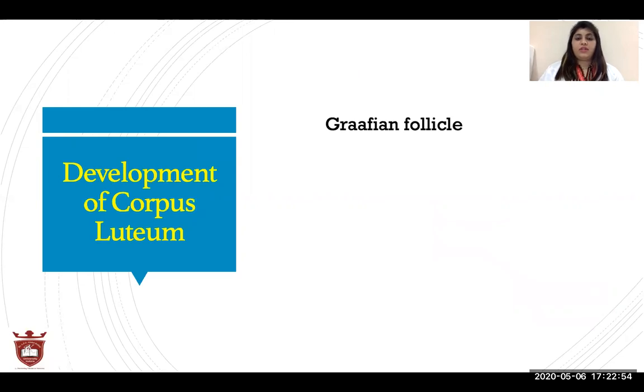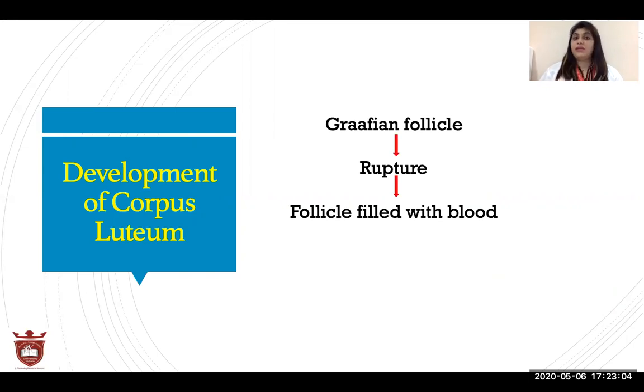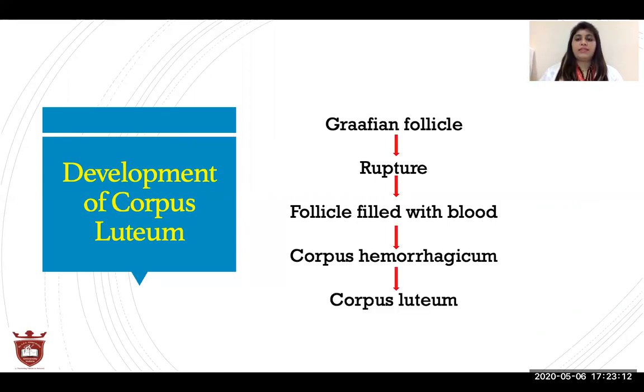So, how is the corpus luteum formed? The Graafian follicle, that is the mature follicle, ruptures and ovulation occurs. The remnant of the follicle is filled with blood and develops into the corpus hemorrhagicum, and then that develops into the corpus luteum. That is, the corpus luteum is the remnant of the ovarian follicle.